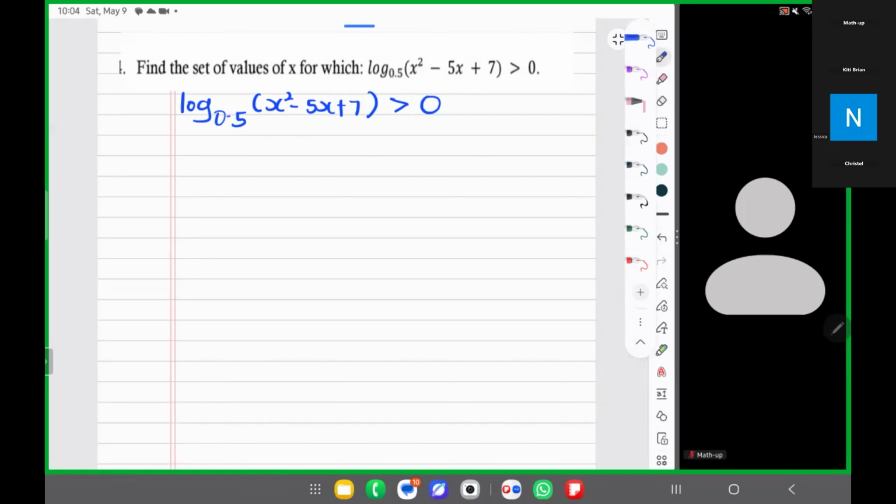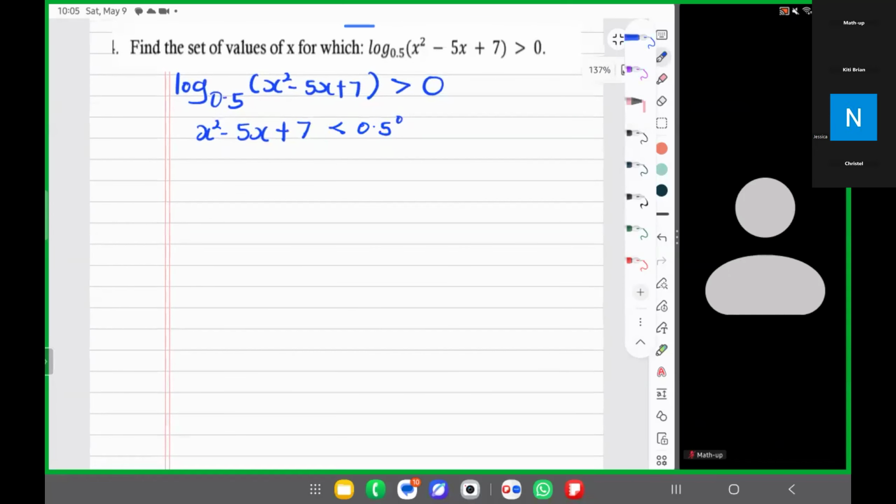So it means that you're going to have x squared minus 5x plus 7 being less than 0.5 raised to the power 0. That's one of the tricky parts of that question. Any number raised to the power 0 is always equal to 1.